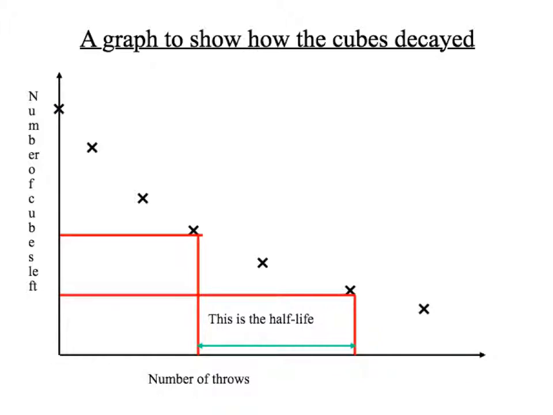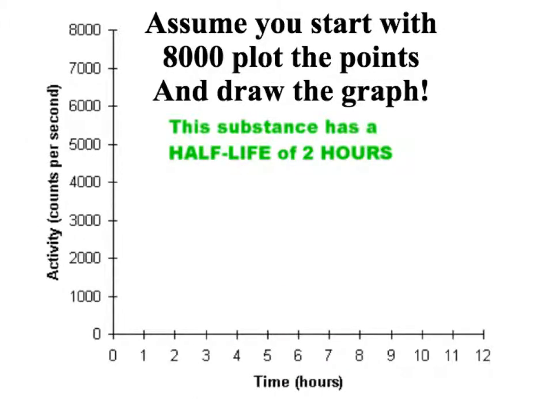The next question that we're going to look at says, assuming that you start with 8,000, plot the points and draw the graph, and this substance has a half-life of 2 hours. So after 2 hours, it will halve. So we go to 2, and it starts off at 8,000, half of 8,000 is 4,000, so if you go up from 2, you'd end up with a point there.